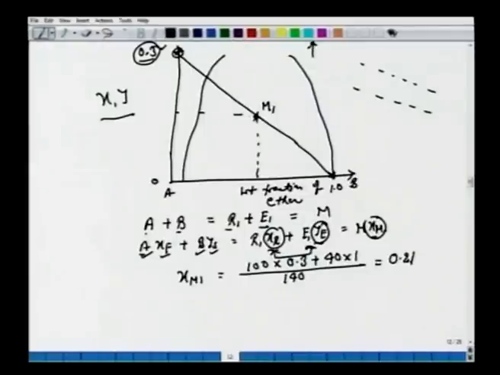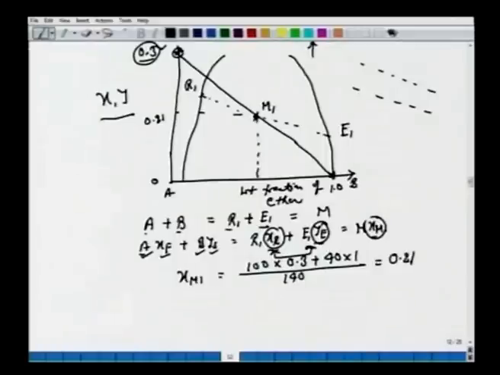So this location here is 0.21. All we have to do is find a tie line which passes through this. So we have this extract E1, and here we have this raffinate R1.